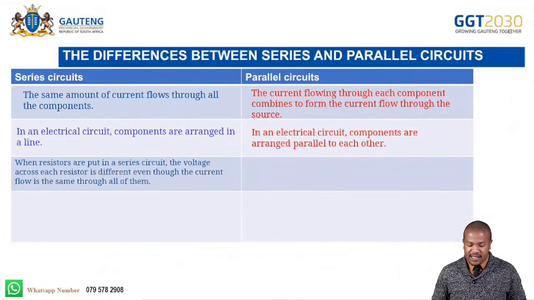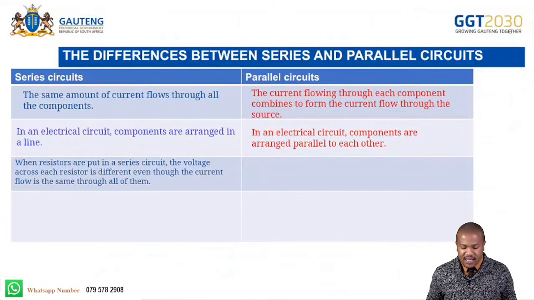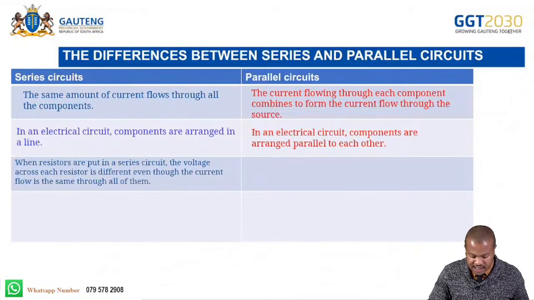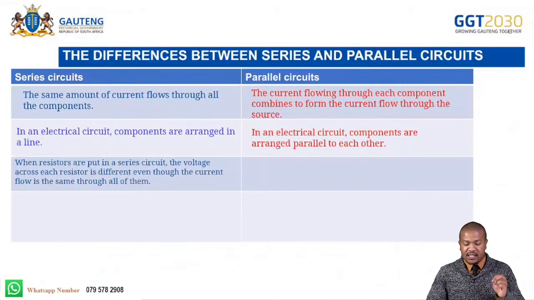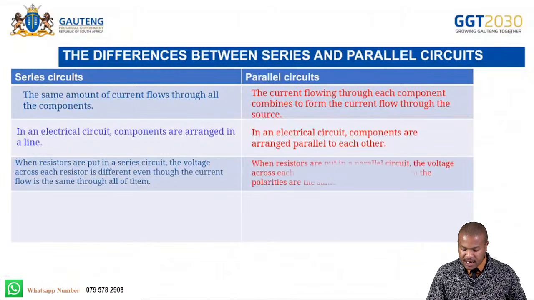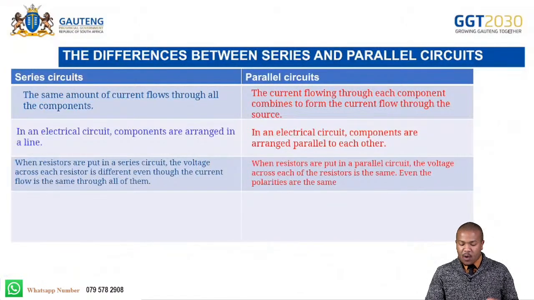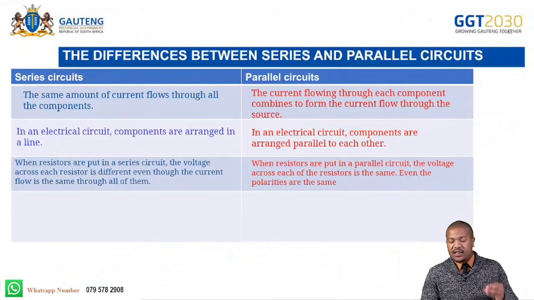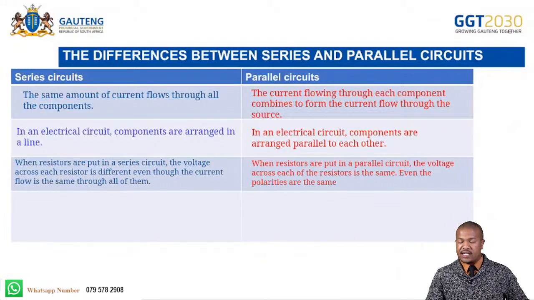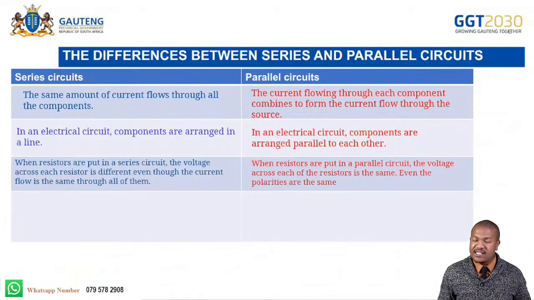Also in a series circuit, when the resistors are put, the voltage across each resistor is different even though the current flow is the same through all of them. But in a parallel circuit, when the resistors are put, the voltage across each of the resistors is the same, right? Even the polarities are the same.